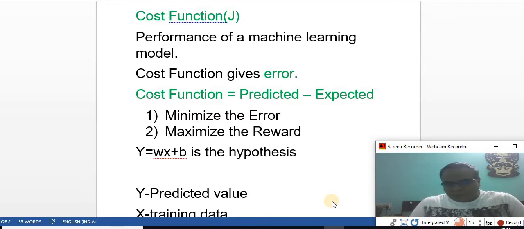I already told you the machine learning model is used for prediction, and the cost function is equal to the predicted value minus expected value.